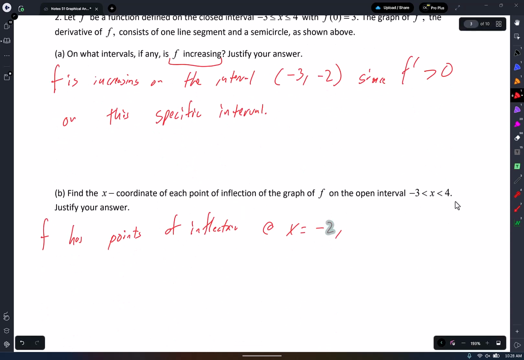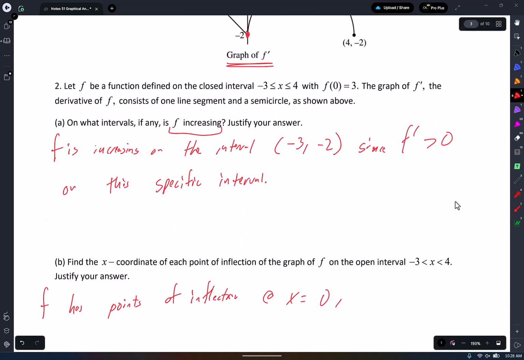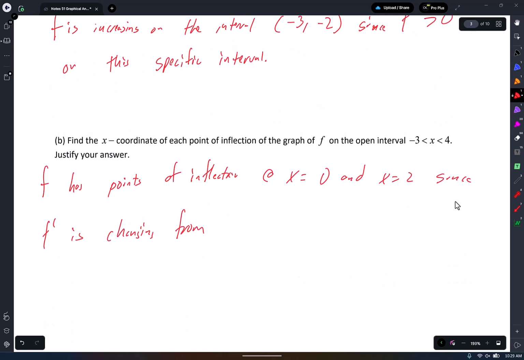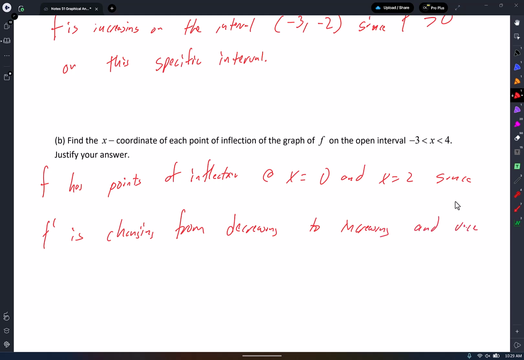At x equals 0 and x equals 2, since f prime is changing from decreasing to increasing, and vice versa, at those specific x values. This is not an interval. These are x values. This is a moment.